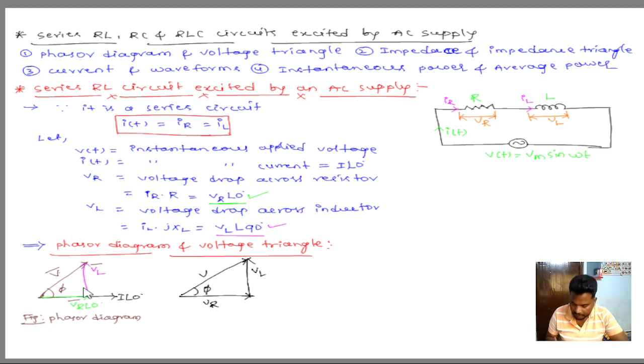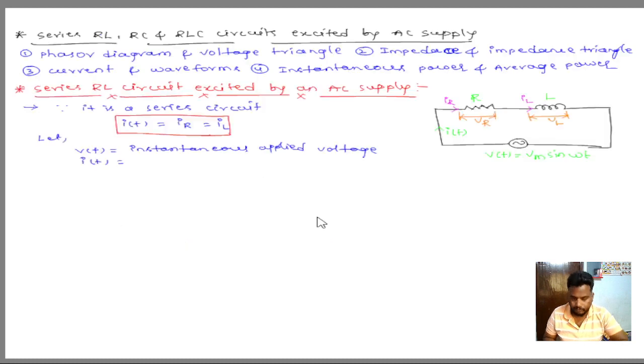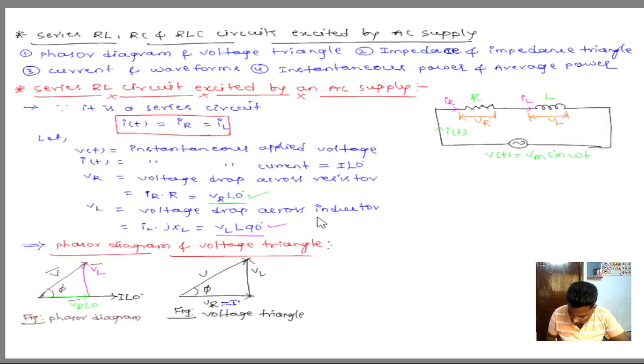This is the voltage triangle. And we know that VR is equal to IR, VL is equal to IXL, and V is equal to IZ.